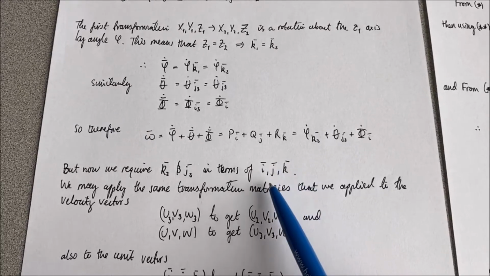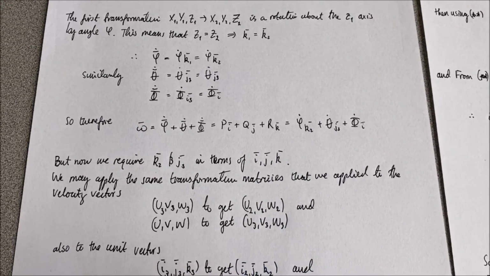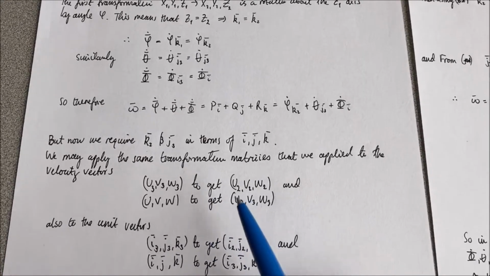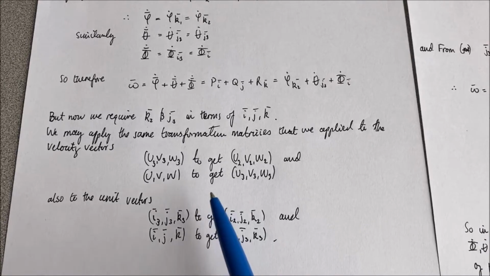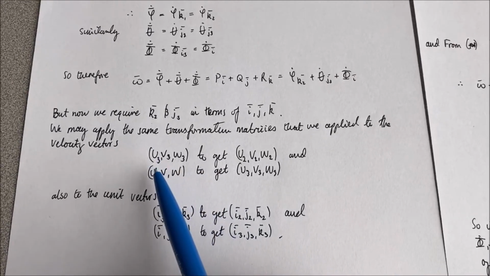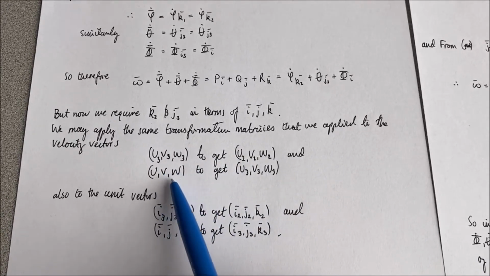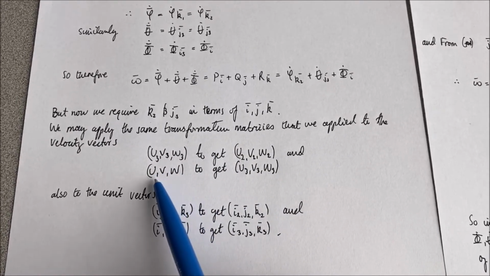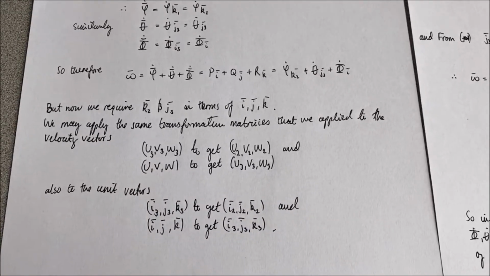So we may apply the same transformation to the unit vectors as we did to the velocity vectors, right? So you remember we applied matrix transformations to the subscript 3s to get the 2s, and the regular u, v, and w components to get the subscript 3s.